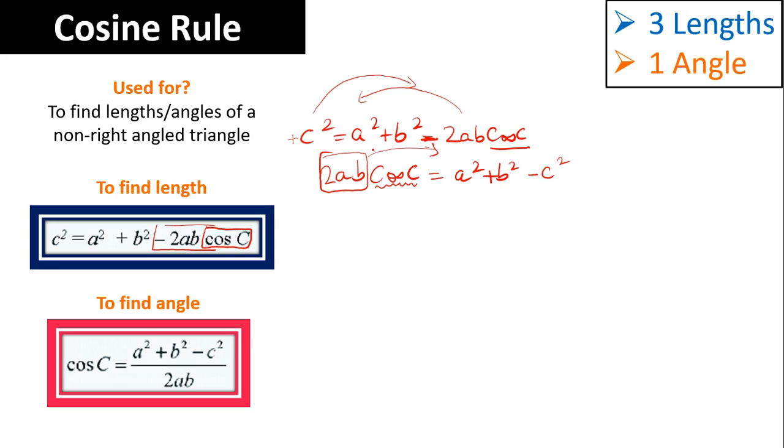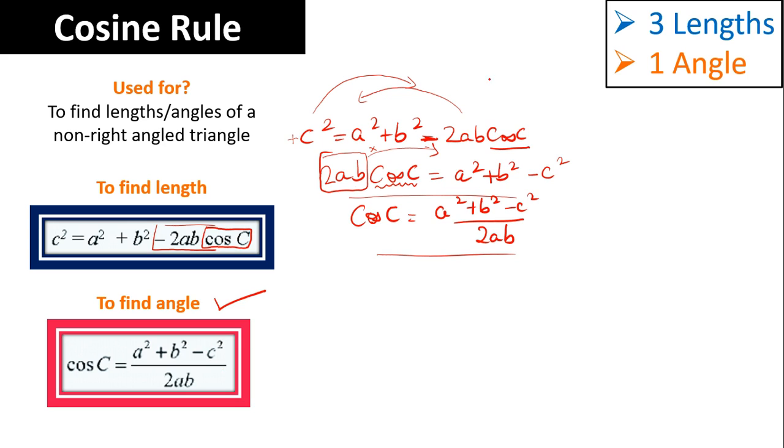Now this 2ab is in multiplication with the cos C, so when it goes to the other side, it turns into division. So I have cos C equals a squared plus b squared minus c squared divided by 2 times a times b. So cos C is something like this, which is ultimately giving you this formula to find the angle: cos C equals a squared plus b squared minus c squared divided by 2ab.